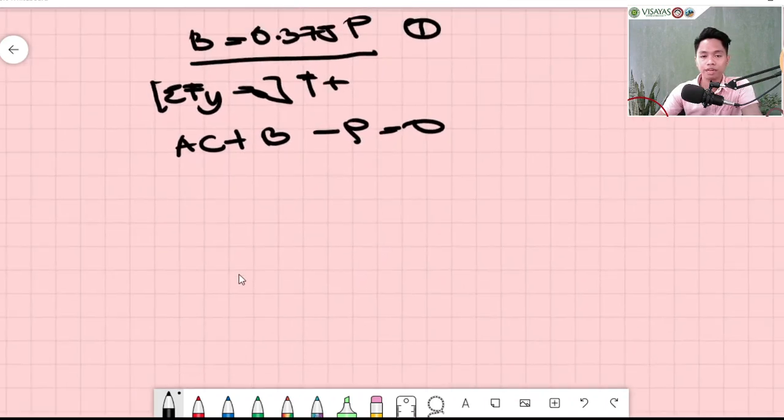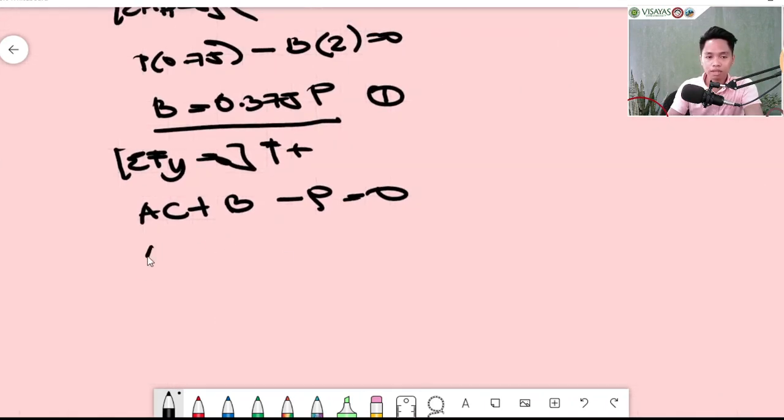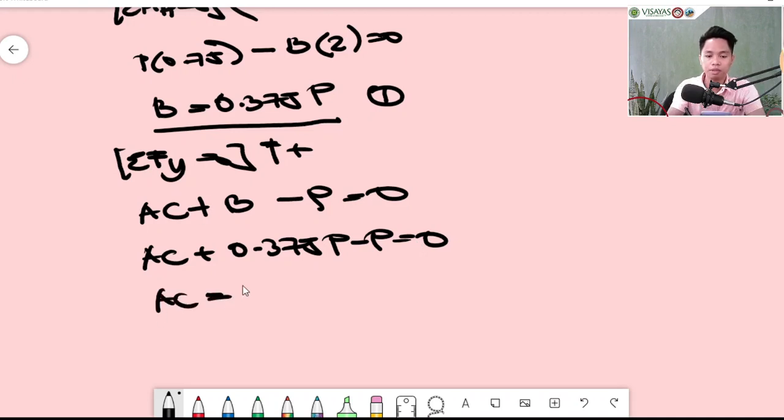So we'll be having AC. The value of B is 0.375 P minus P is equal to 0. Therefore, our AC in terms of P, that would be 1 minus 0.375. That would be 0.625 P. This would be our equation 2.